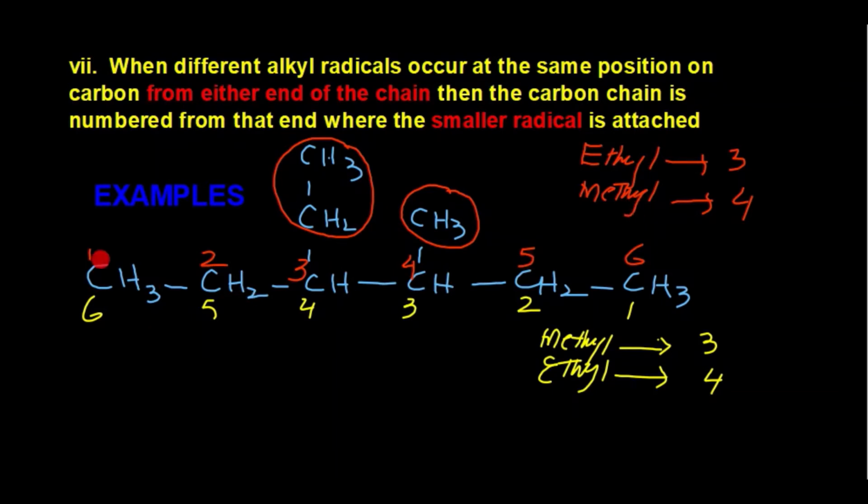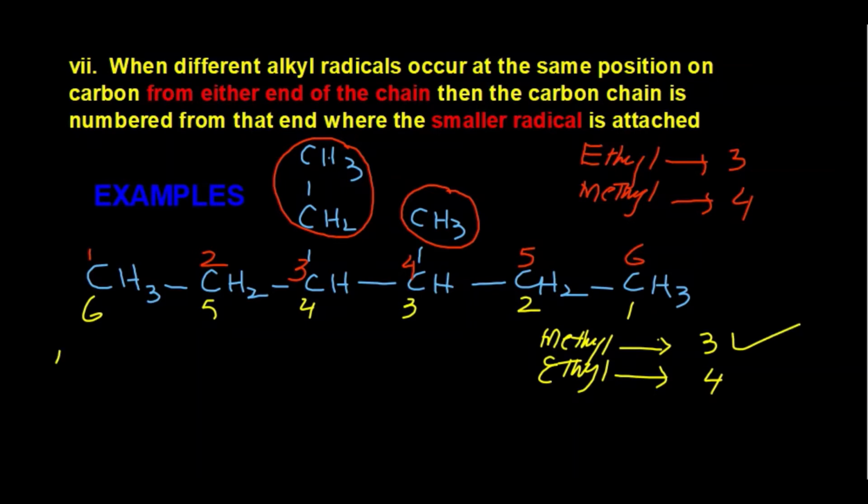If we do the numbering from the left side, the methyl radical is attached with carbon number 4. But if we do the numbering from the right hand side, the methyl radical is attached with carbon number 3. So, according to the rule, we will assign the lower number to the methyl radical. So, we will do the numbering from the right side. This is the correct way of numbering.